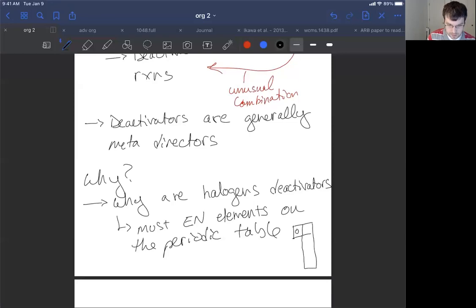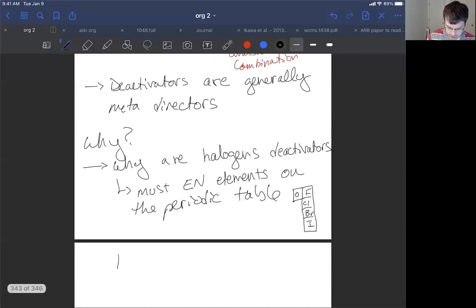So there's fluorine, chlorine, bromine, and iodine. So they're furthest to the right in the periodic table. And in fact, if you look at the numbers for these, they beat out everything to the left of them, even down to iodine, right? So I know you're supposed to go up and to the right for more electronegativity, but it turns out once you hit group 7, they're all just super electronegative.